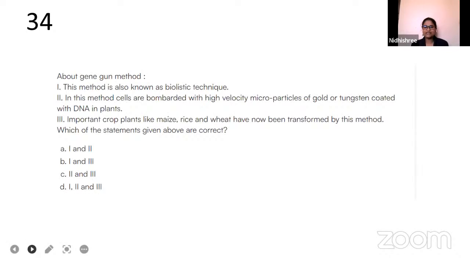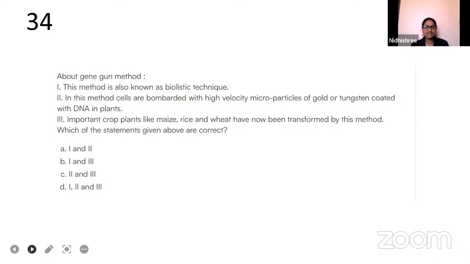34th question goes like this, about the gene gun method. We all are aware of the gene gun method. So there are certain statements given. Which of the statements are correct? Statement 1, this method is also known as ballistic technique.